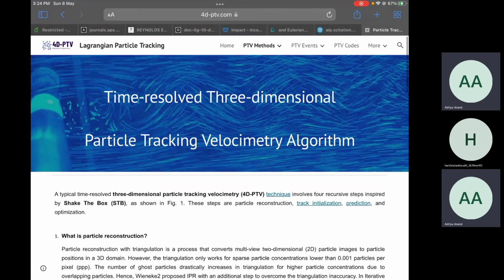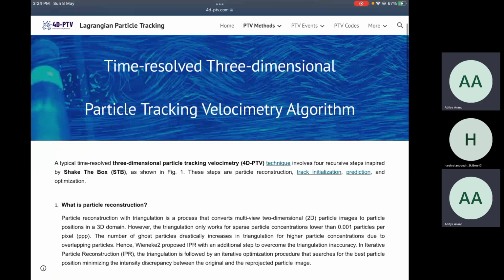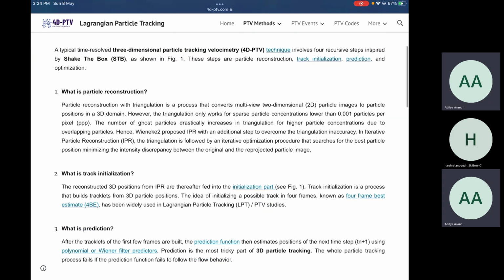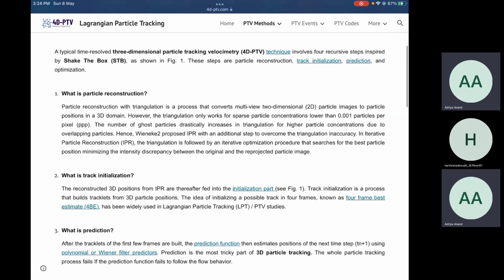So these methods are for three-dimensional particle tracking velocimetry. This usually involves four steps. The first one is to construct the particles from all those three cameras. So they use a triangulation procedure to get those particle locations, and then there is something called track initiation.